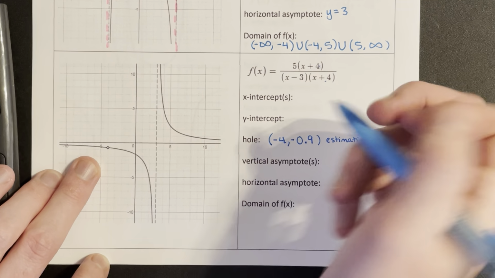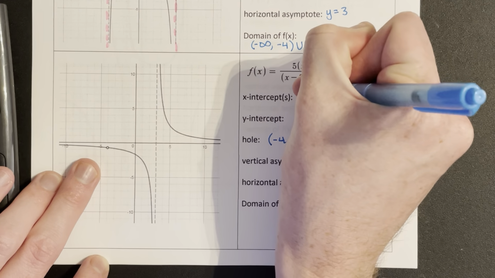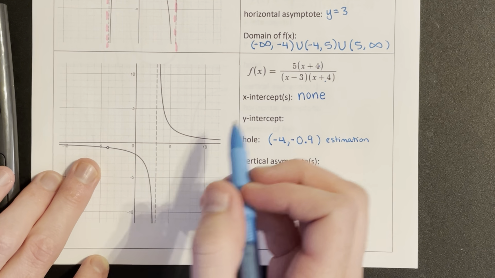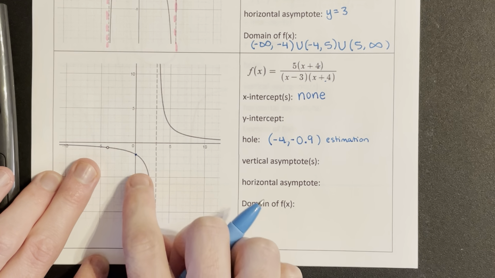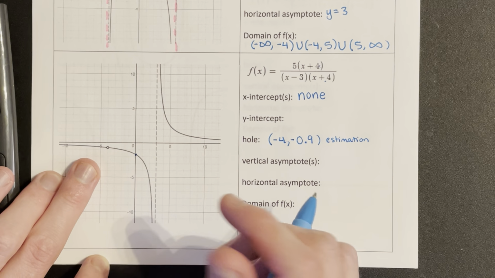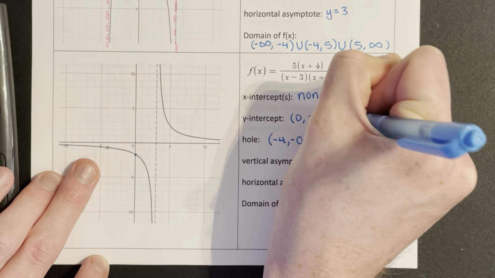The x-intercepts, if I look here for when it crosses the x-axis, there are none. The y-intercept is right about there, which is maybe -1.7-ish. So (0, -1.7).